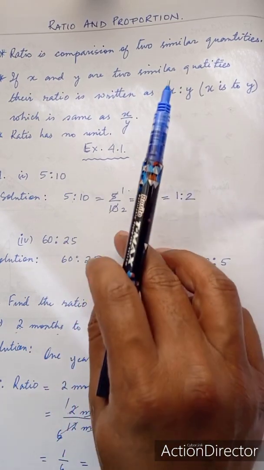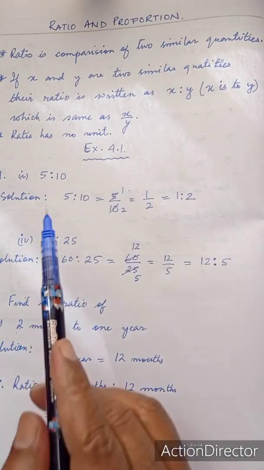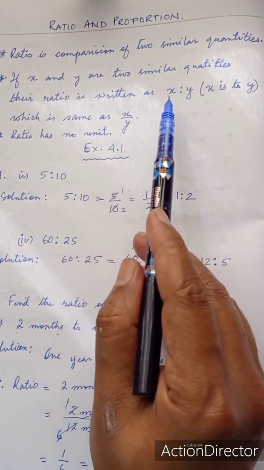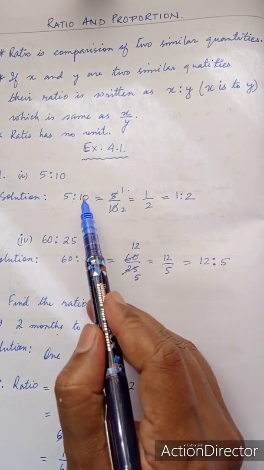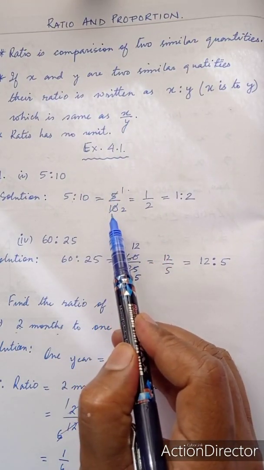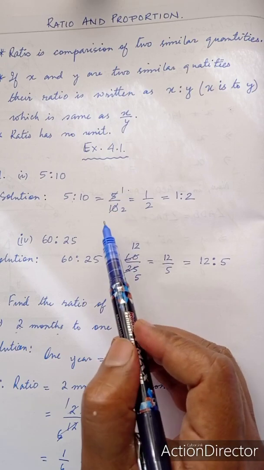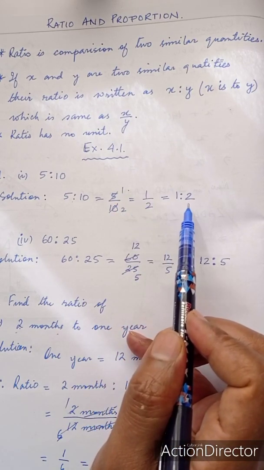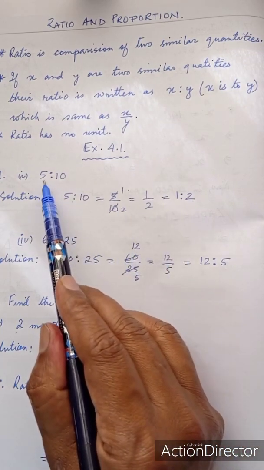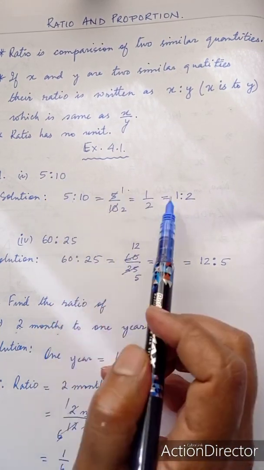First write the ratio, and then, as we have already said, x is to y is the same as x by y, so this equals 5 divided by 10. So if you cancel this by 5, you'll get 1 by 2, which is equal to 1:2. So the simplest form of 5:10 is 1:2.